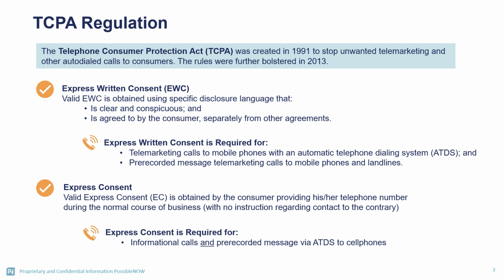You shouldn't say things like, hey, give us your phone number for identification purposes, for example. If you just simply ask for their phone number, they give it to you, then you can deem that as valid express consent. And express consent is going to be required for automated informational calls and pre-recorded messages to cell phones.